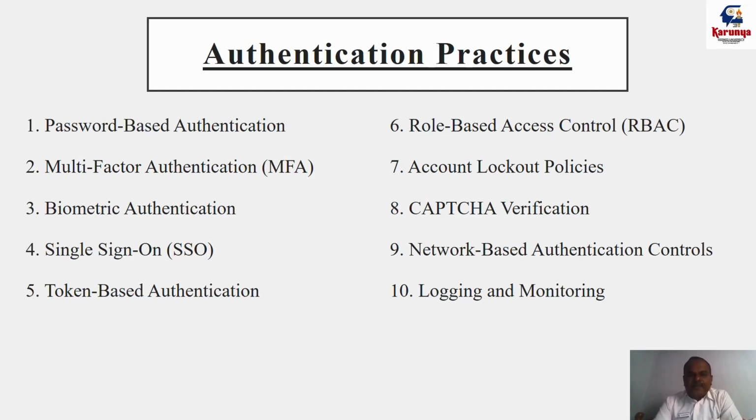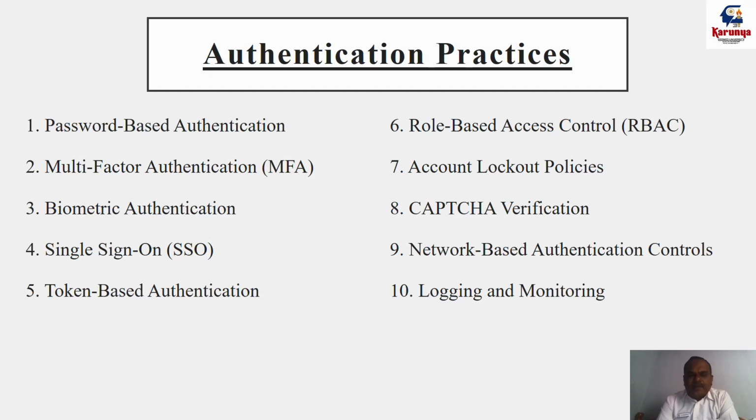Number one, the basics of password based authentication. We all know very well about password based authentication. Then multi-factor authentication, MFA, which we also use nowadays. Then biometric authentication. These are the three basic authentications users use in their daily life. Then SSO, which is called single sign on.